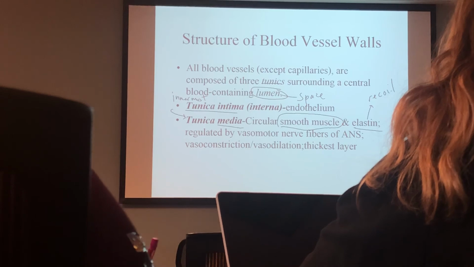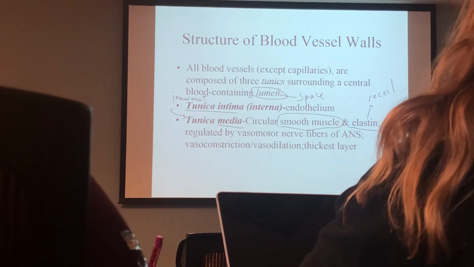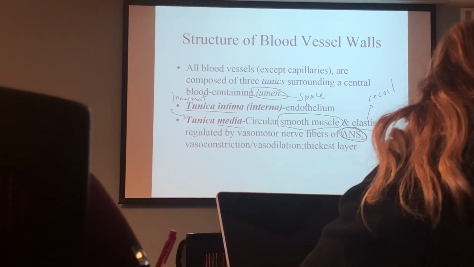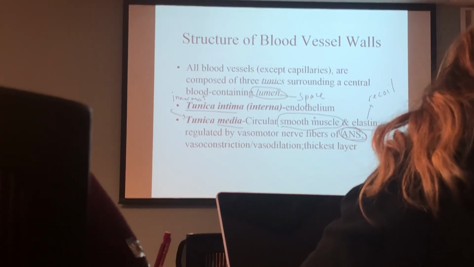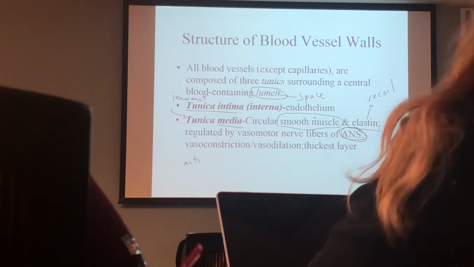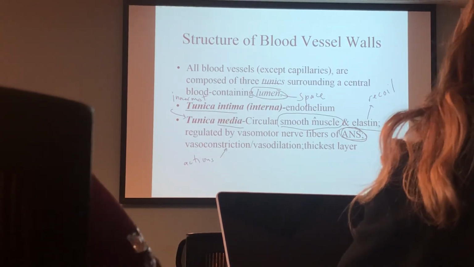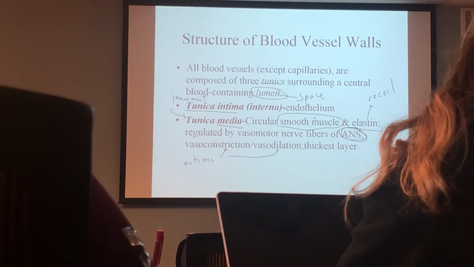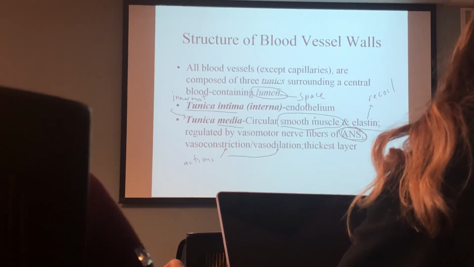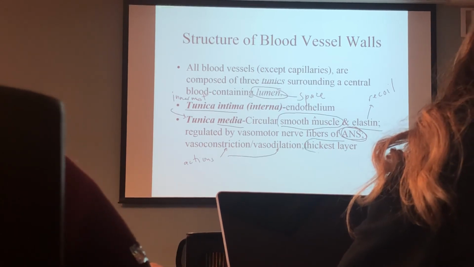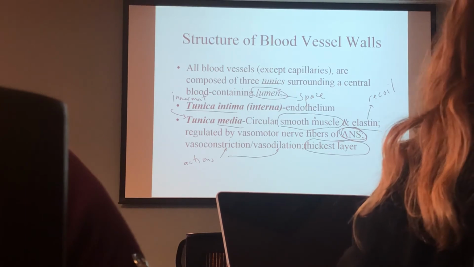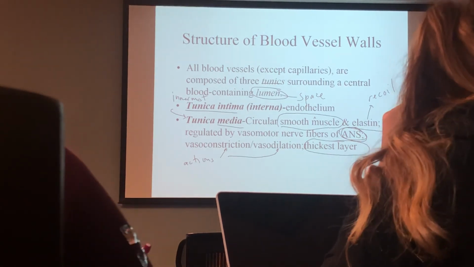That middle tunic is regulated by the ANS, because it's smooth muscle. Here are the actions of the smooth muscle: vasoconstriction versus vasodilation. And in arteries, the middle tunic is the thickest layer, if you compare veins to arteries.